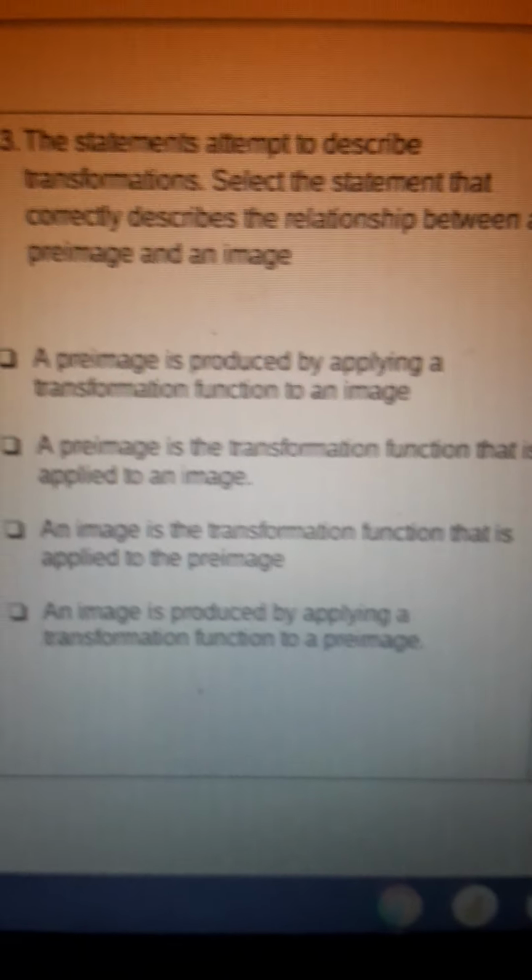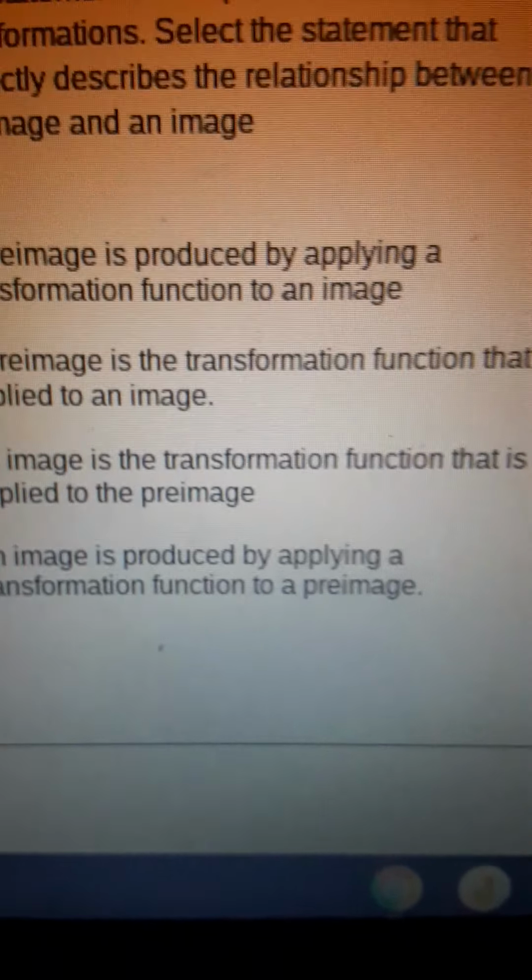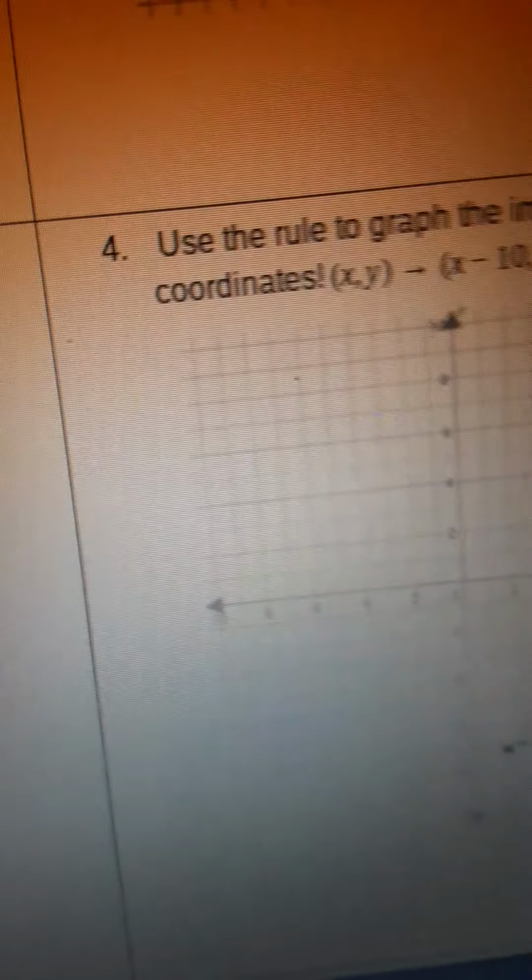It's asking what is the relationship between pre-image and the image. As I said right here, a function is applied to the pre-image to make the image, like I said before. So now you just put that in words.